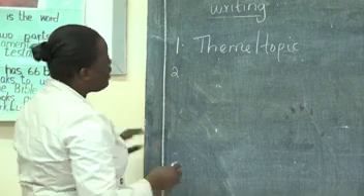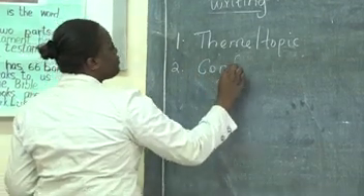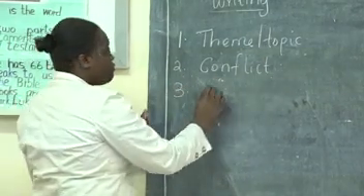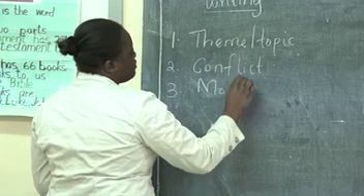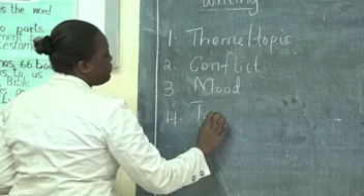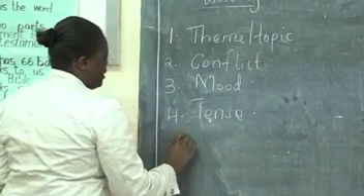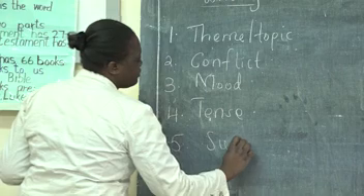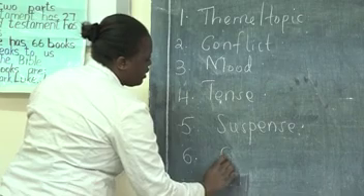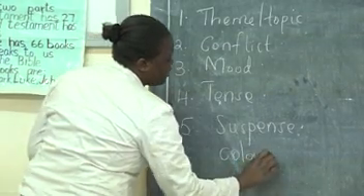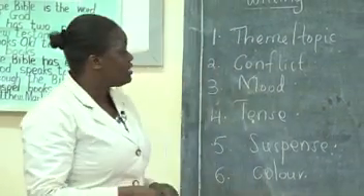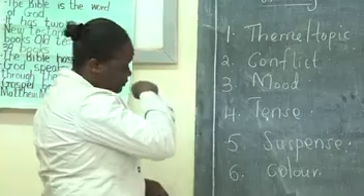And 2, we have conflict. 3, we have mood. 4, we have the tense. 5, we have the suspense. And finally, 6, we have color. Now, we are going to go through these components each shortly so that we get to understand.